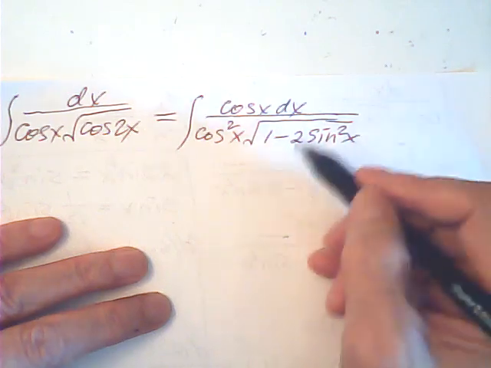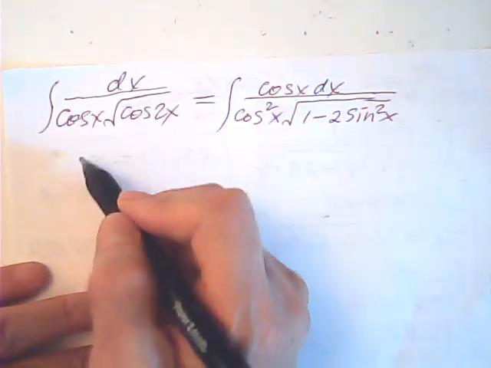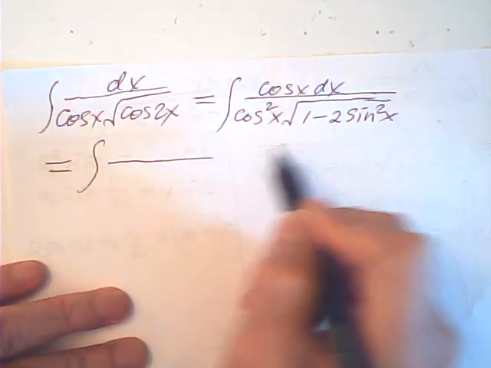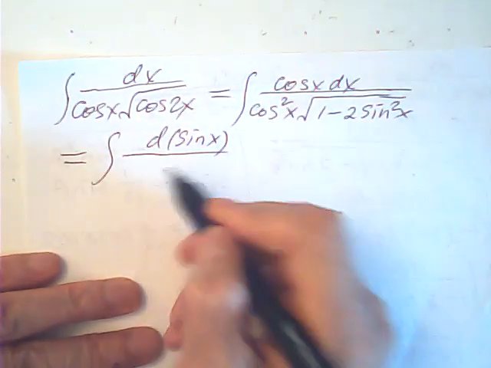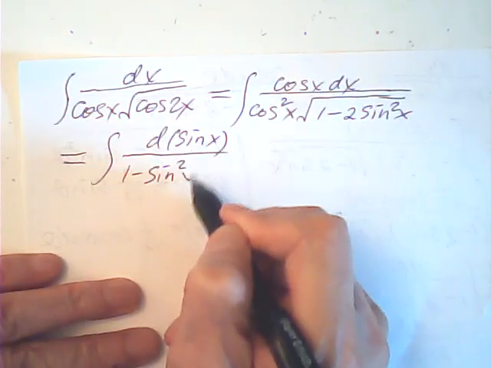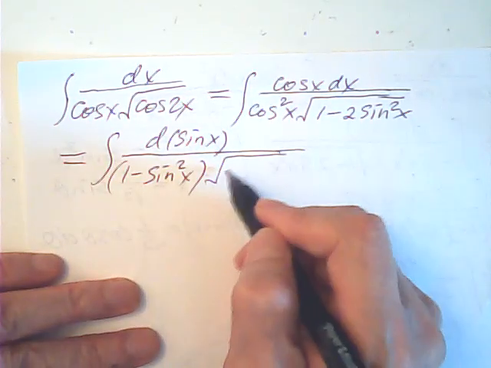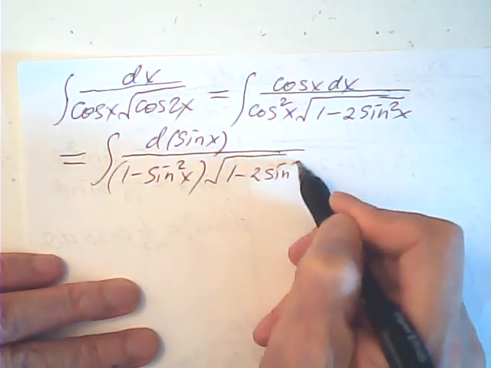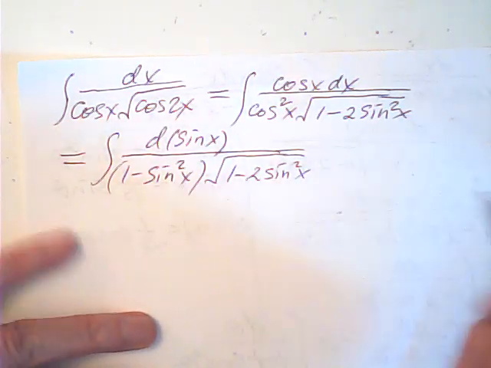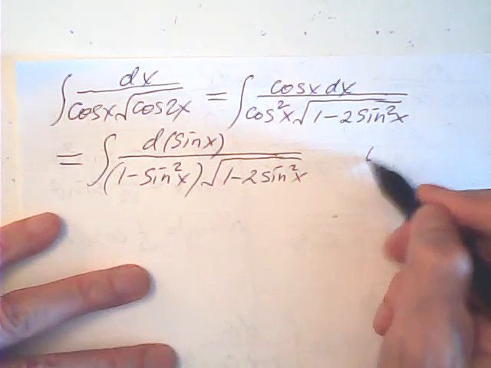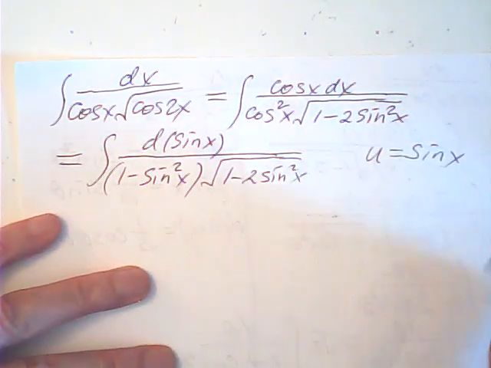The idea is to change everything into sine. Everything into sine, right? This is d sine. Now change to sine. This is 1 minus sine square. This has been already in sine. Okay, then it's ready for substitution, right? Let u be sine x.